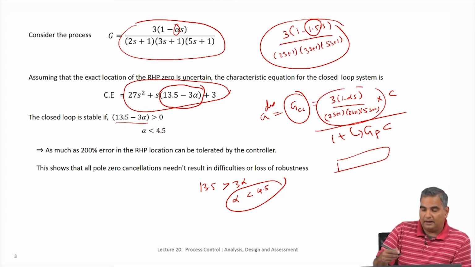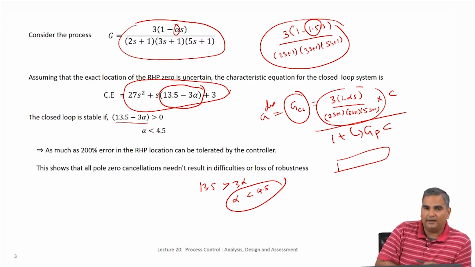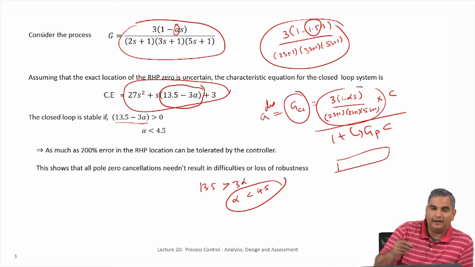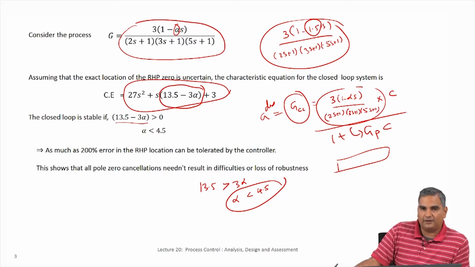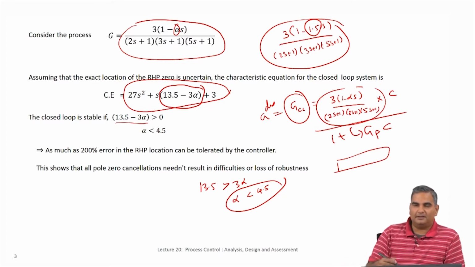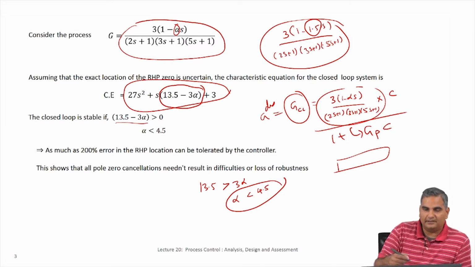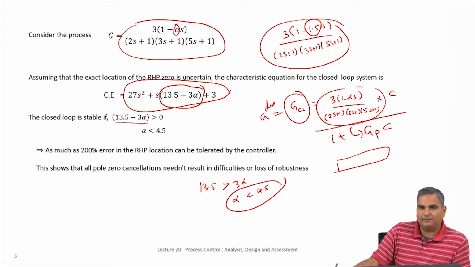So, there is a tremendous amount of error that I can actually accommodate in the identification of the location of the RHP zero. So, what this basically says is you do not have to really worry about pole zero cancellations in this case, unless of course you have grossly underestimated or overestimated the RHP location. So, in other words, it has to be very different from whatever value you have taken in the model.